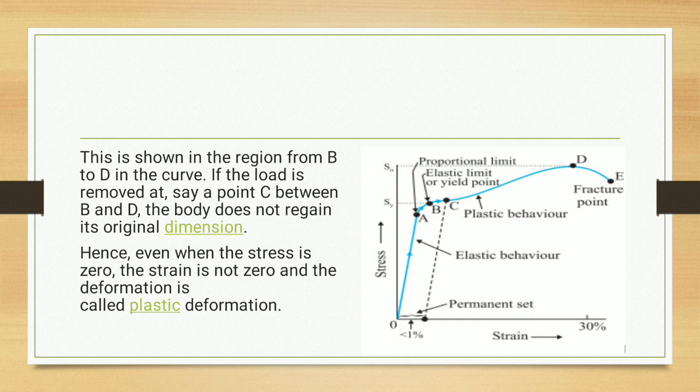So, as the load increases beyond B, the body will start to deform gradually, and if the stress becomes zero, strain will not be zero and the deformation will be called plastic deformation.